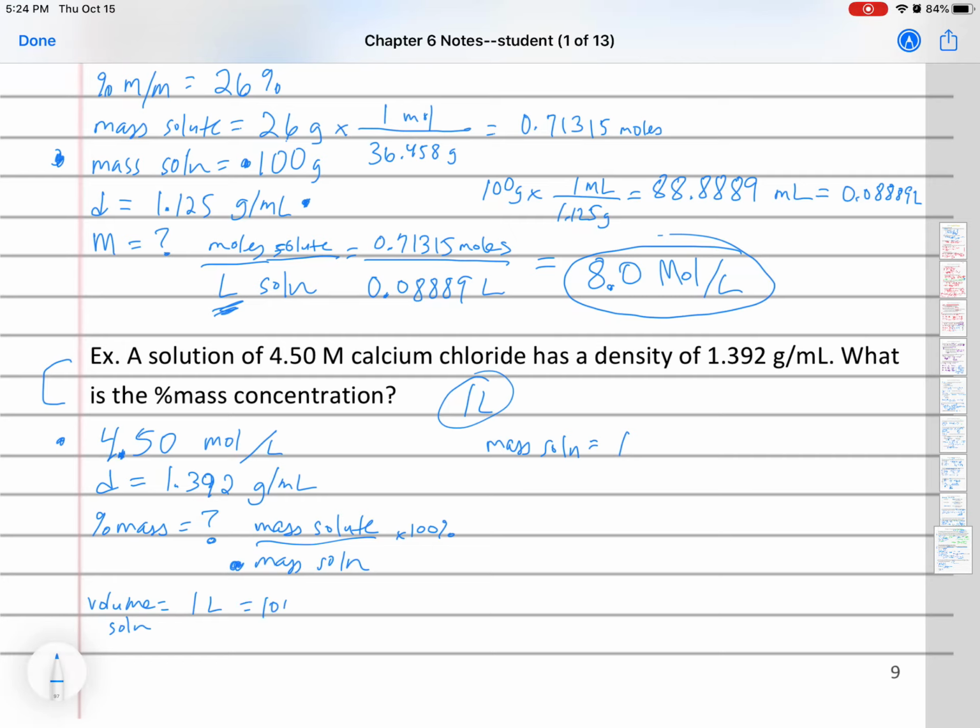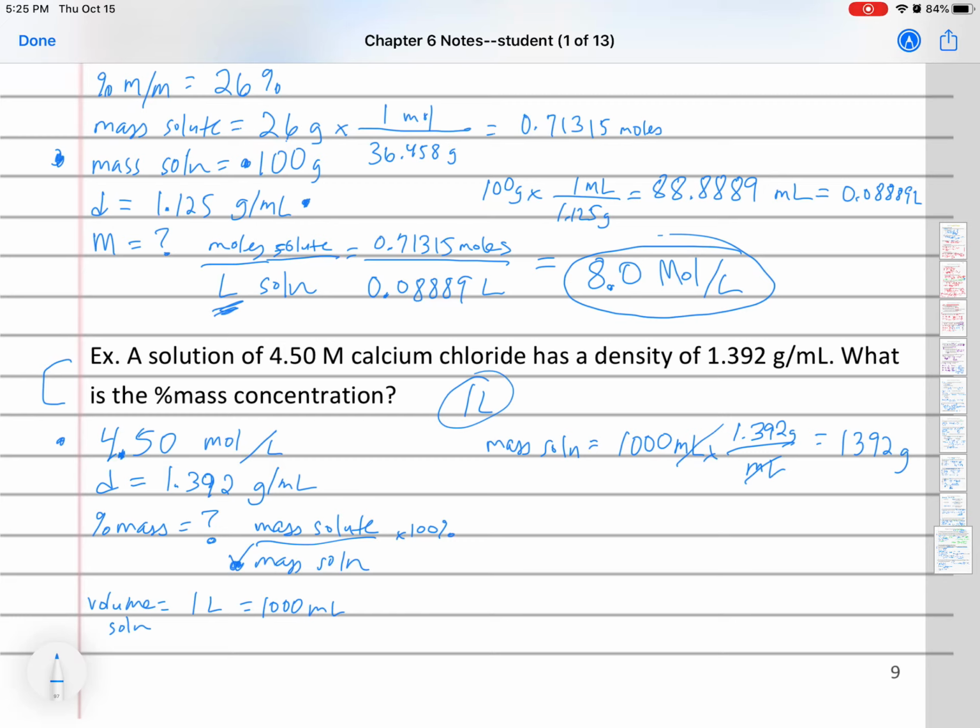So we have 1 liter, which is 1,000 milliliters, times the density of 1.392 grams per milliliter. So our mass of solution, 1,000 times 1.392. I don't know why I typed that into my calculator. That was silly. It's 1,392 grams. So that's our mass of solution. We've got that now. Check.